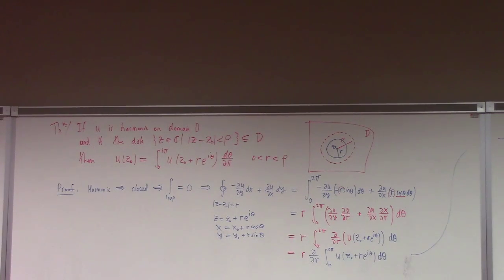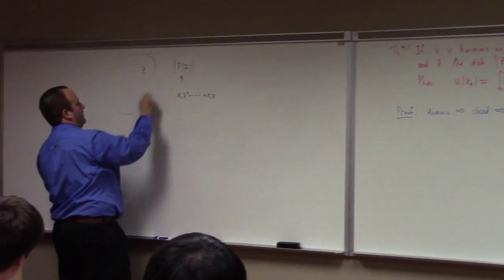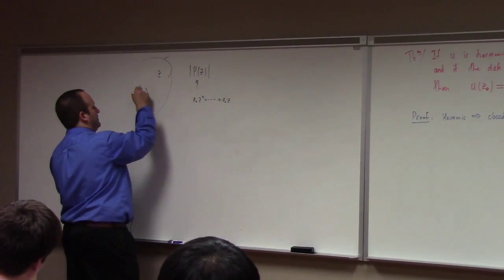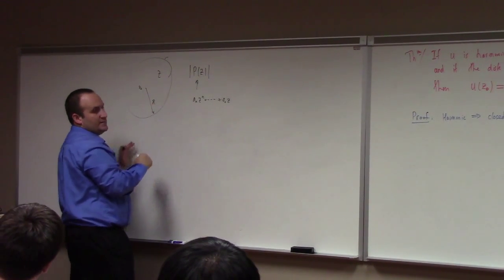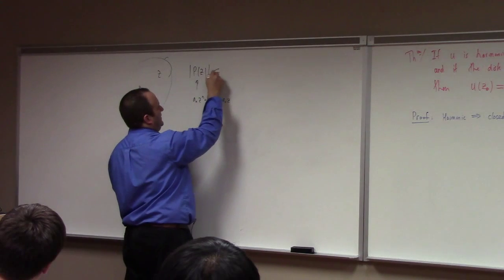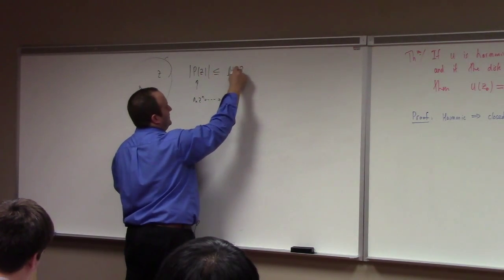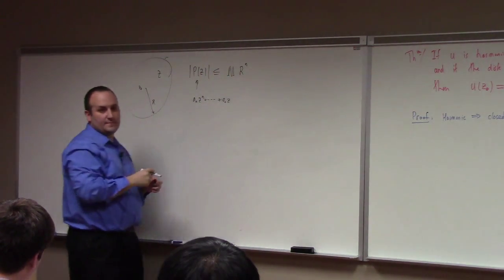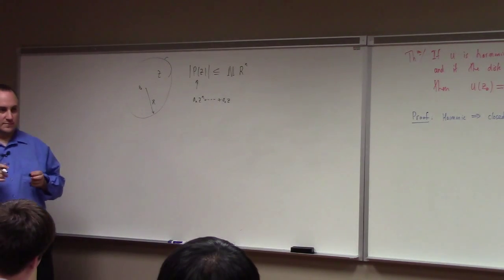If you have a polynomial a_n z to the n plus and so on, and z is in some circle of radius r, you can prove that the modulus of this is less than some constant times r to the n.